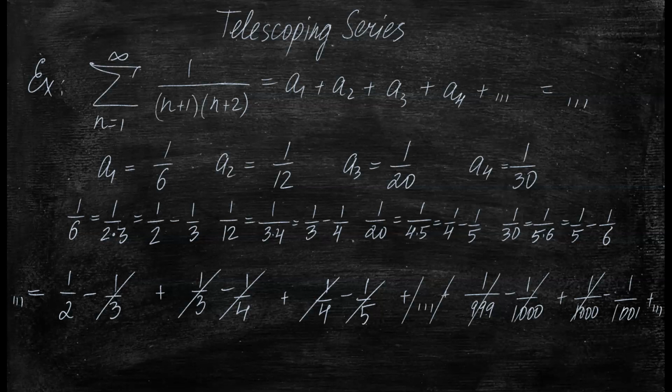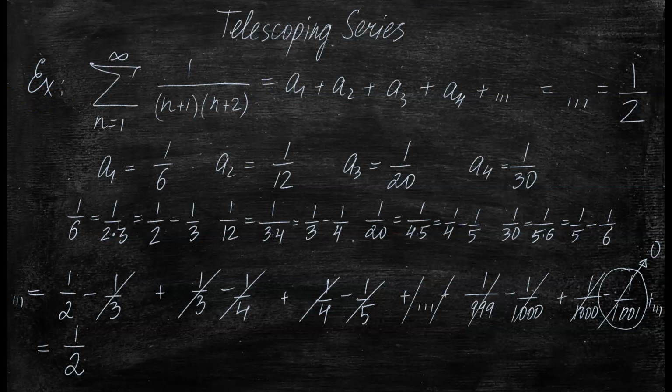So what happened is that this entire series literally collapsed, or we call it telescoped, into something like this: 1/2, and everything seemed to cancel except the very last term. But by the nature of the last term, the fact that it's 1 over some large number, it goes to 0. So after everything telescoped and the remainder is approaching 0, we can conclude that this entire telescoping series converges to 1/2.